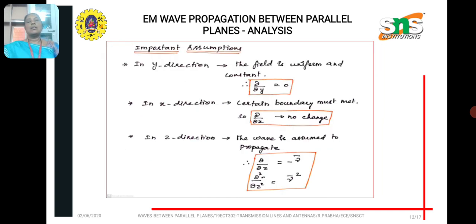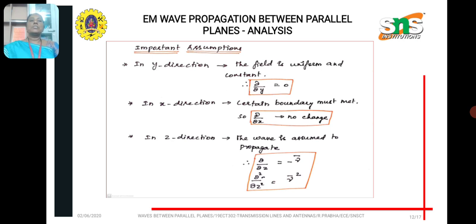Now we are making some assumptions in order to simplify the further analysis. In y direction, the plate is infinite in extent, the parallel planes. If the planes are parallel planes, we consider the field is uniform and constant. If the field is uniform and constant, its differentiation is 0.